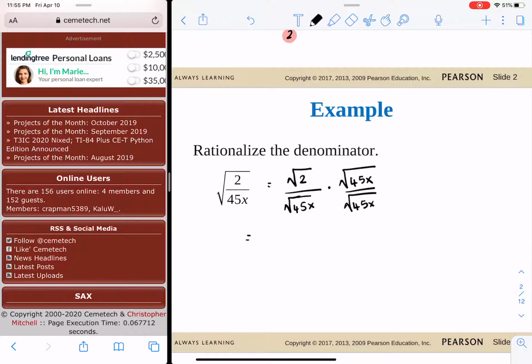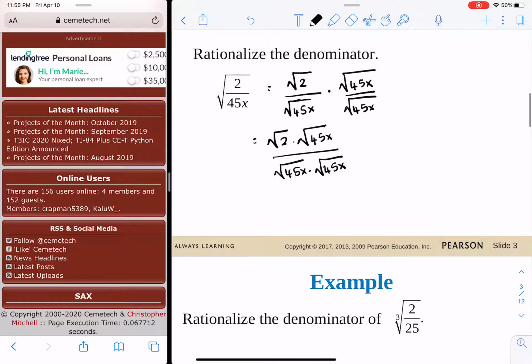So the numerator now becomes square root of 2 times square root of 45x divided by square root of 45x times square root of 45x.